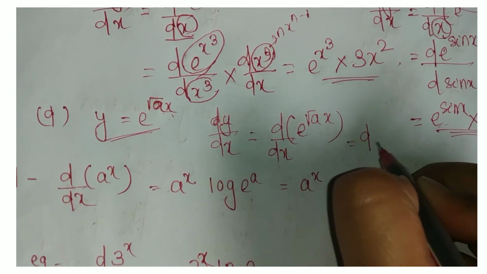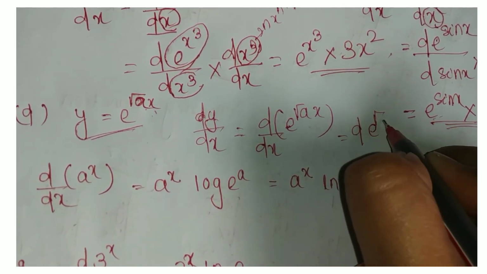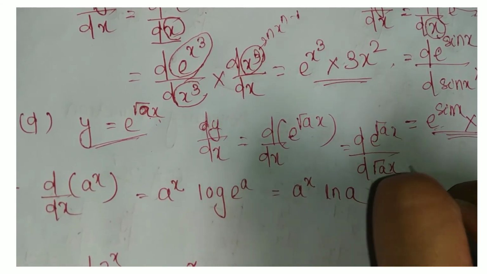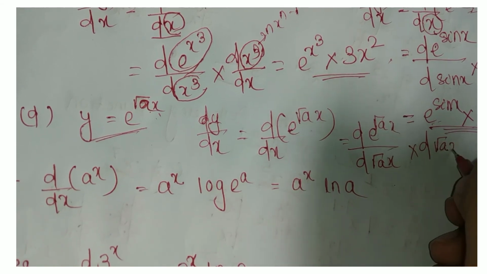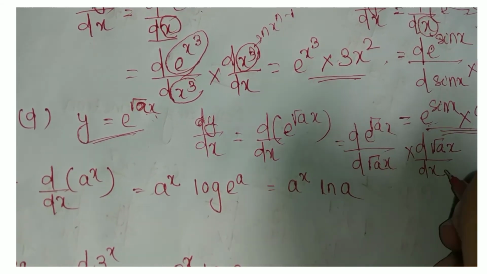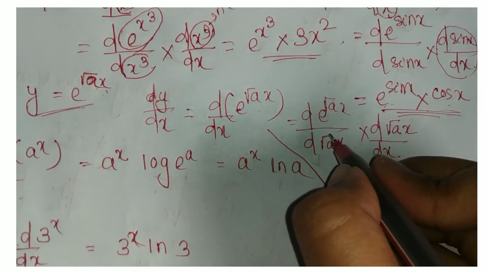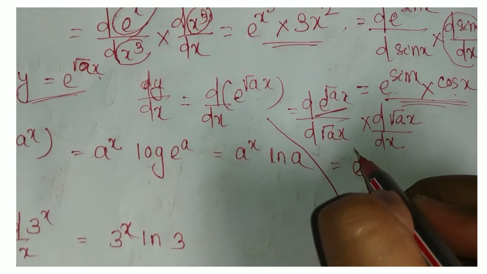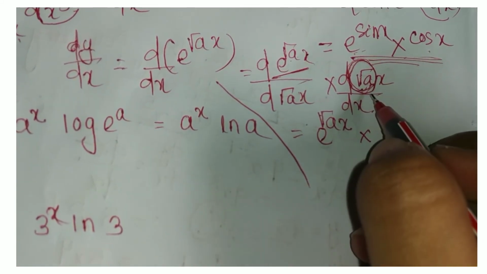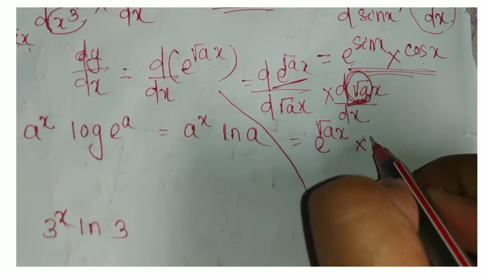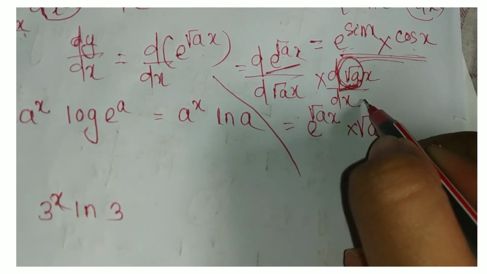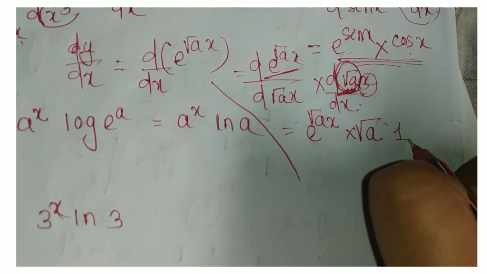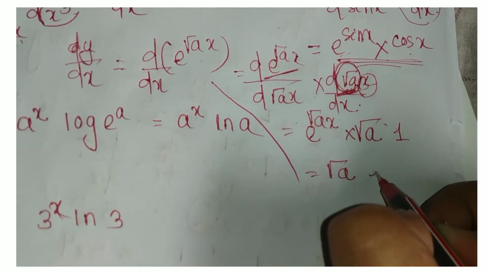So the derivative of e to the power root ax by d root ax, into d root ax by dx, that is e to the power root ax. So by taking the constant root over a outside, into the derivative of x, and the derivative of x is equal to 1, the answer is root over a into e to the power root ax.